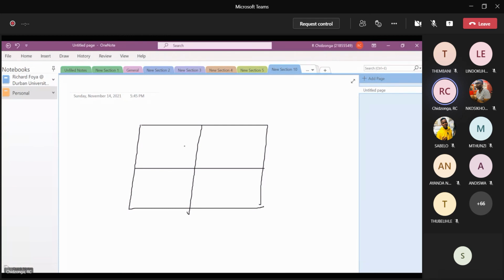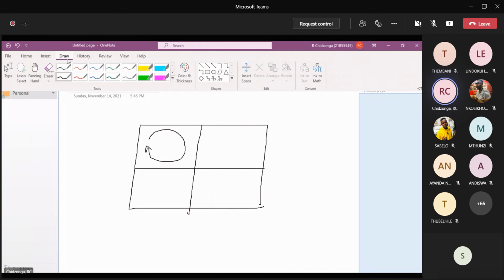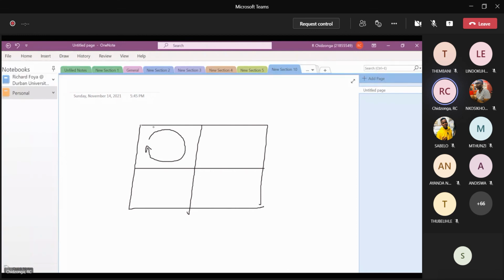So now, if I form a closed path, this path here is only in one window. I can form another closed path which covers two windows. This. And I can form another path which covers all the windows.